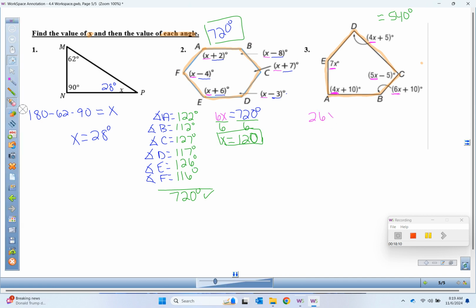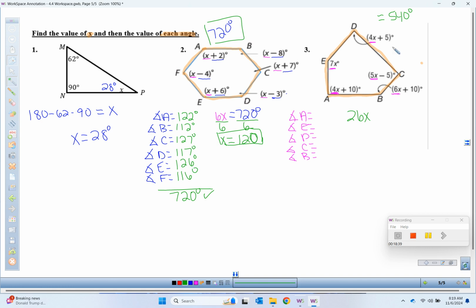I'm going to move this over just a tad because we're going to be finding the measure of A, the measure of E, the measure of D, the measure of C, and the measure of B. Okay. So, like I said, we have 26 x's.